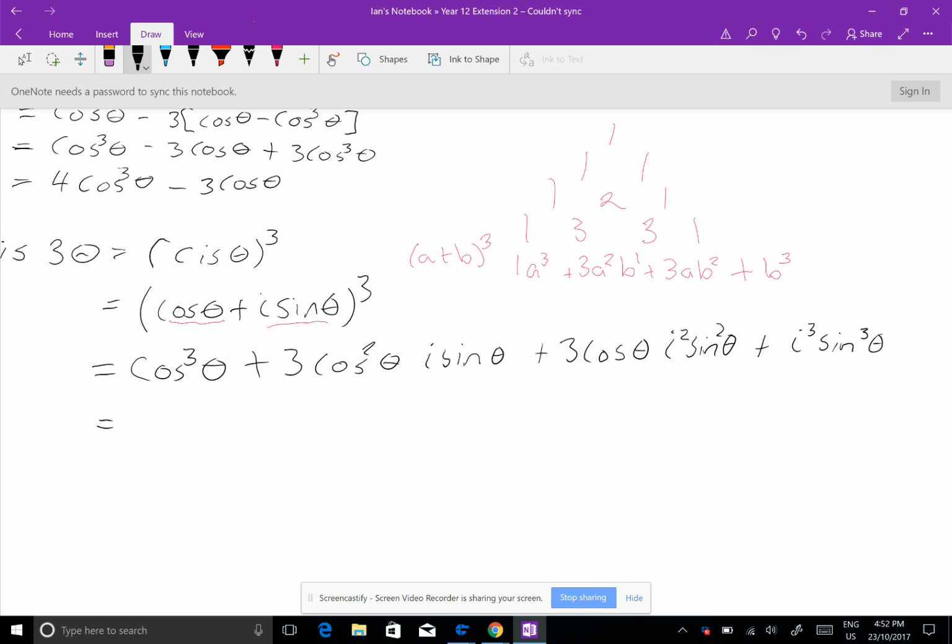All right, well, the cos cubed theta is just going to stay. We've got cos cubed theta. Now, this i squared is going to become negative. I'll just write this out. So plus 3 cos squared theta sine theta.